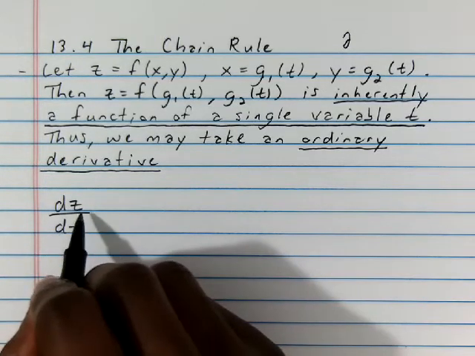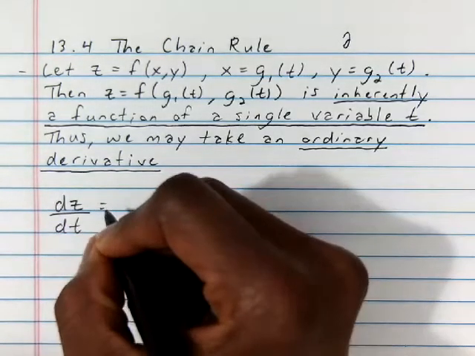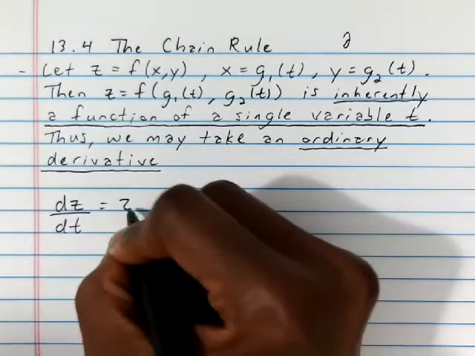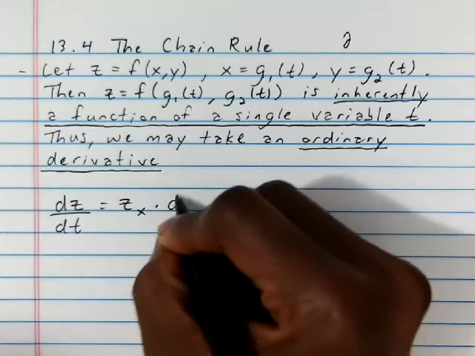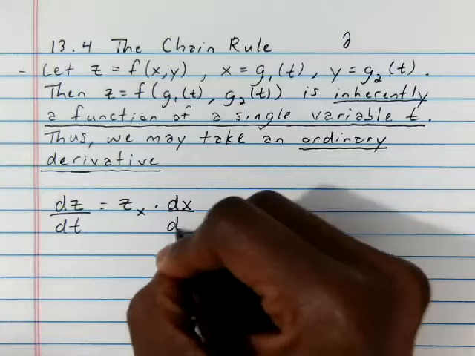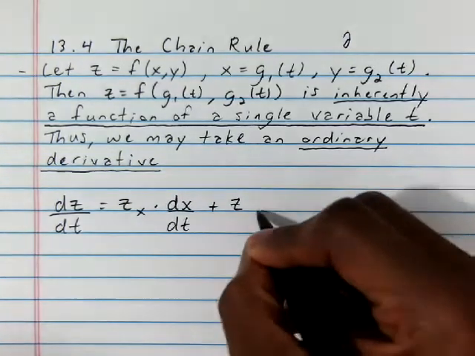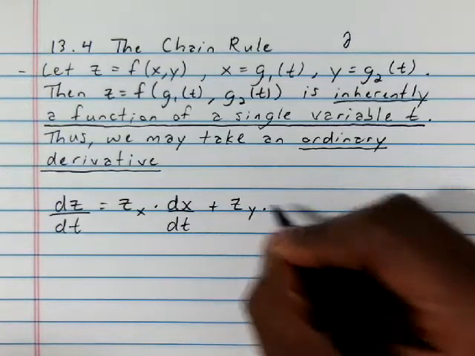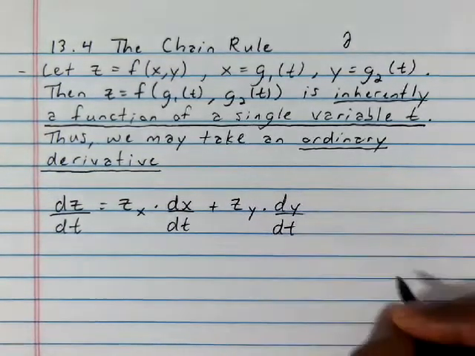Now, how do we find dz dt? We take the partial of z with respect to x. So you're going to take z sub x and multiply that by the derivative of x with respect to t, plus you take the partial of z with respect to y and multiply that by the derivative of y with respect to t.